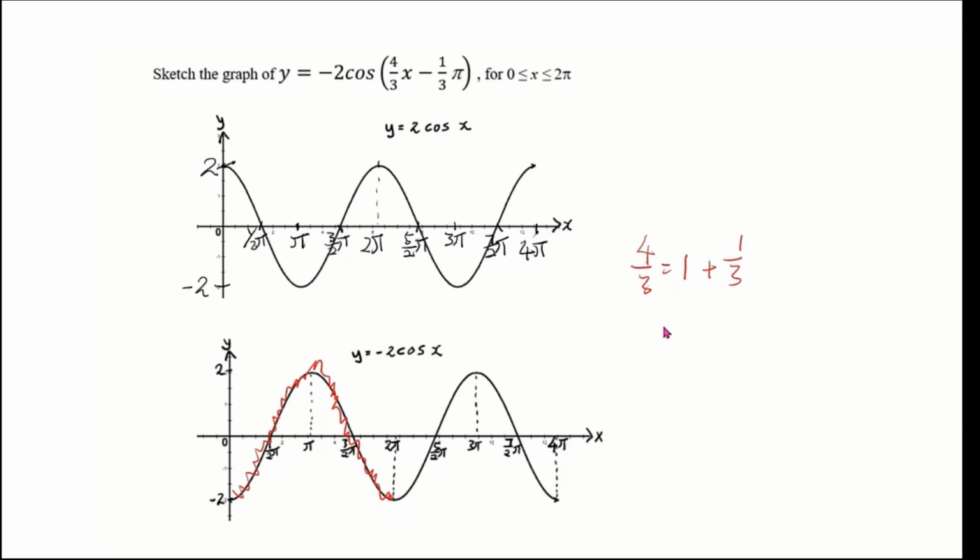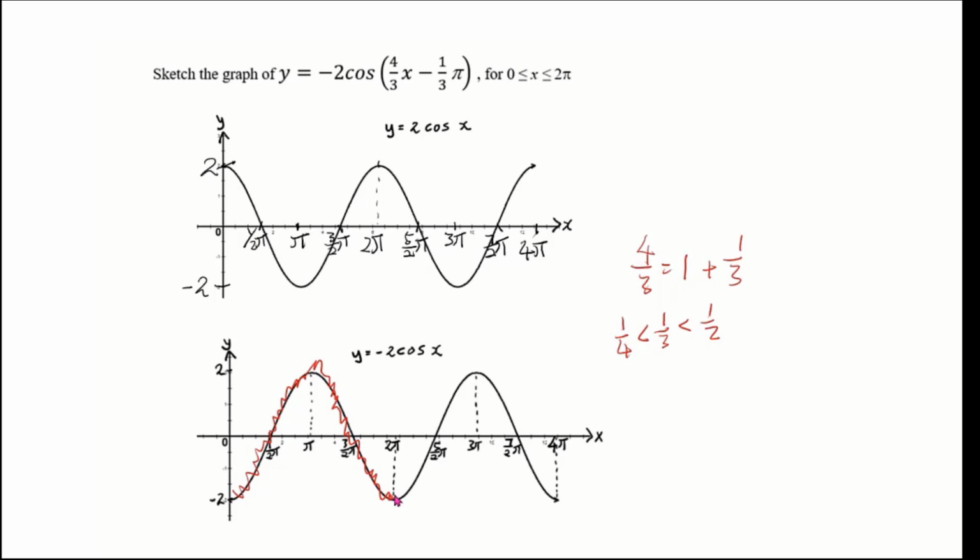Since 1 over 3 is in between 1 over 4 and 1 over 2, 1 over 3 period is greater than 1 over 4 period but less than 1 over 2 period.